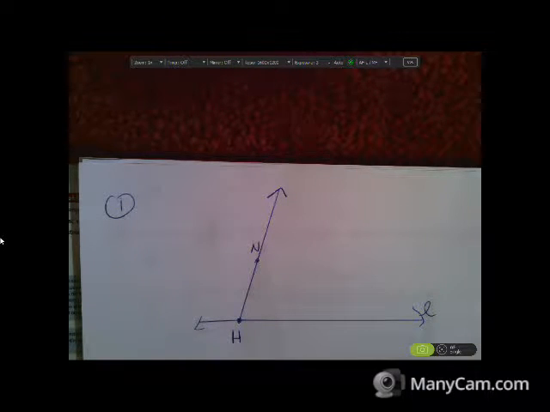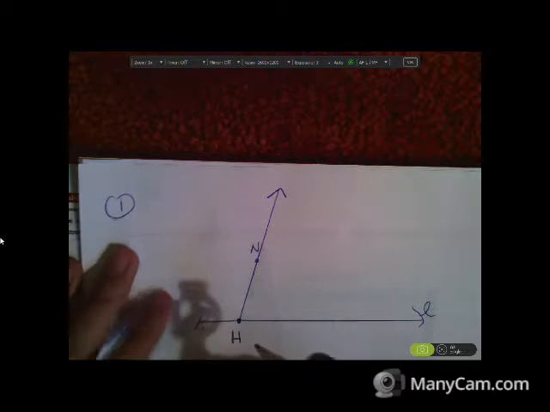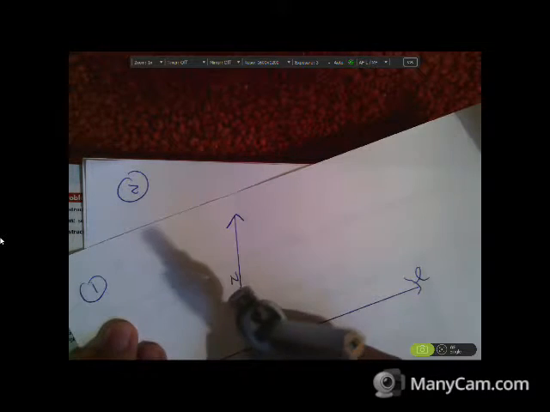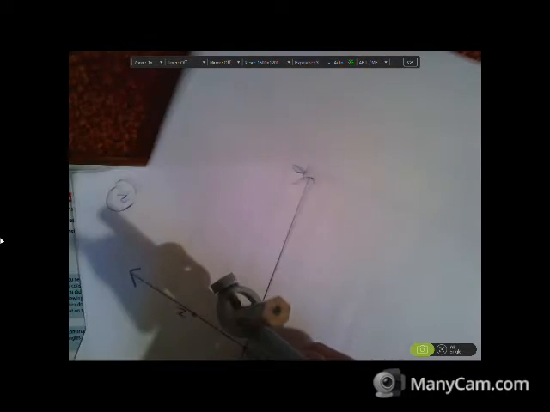So constructing parallel lines is very similar to copying an angle. I'm going to put my compass at any width, any setting. I'm going to draw an arc.